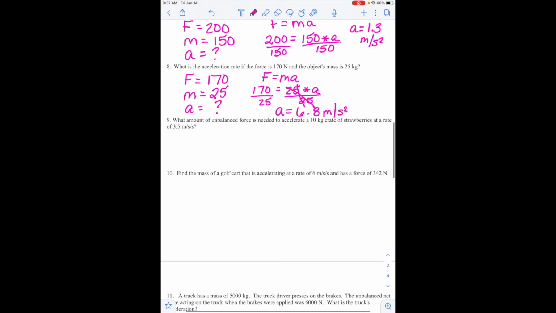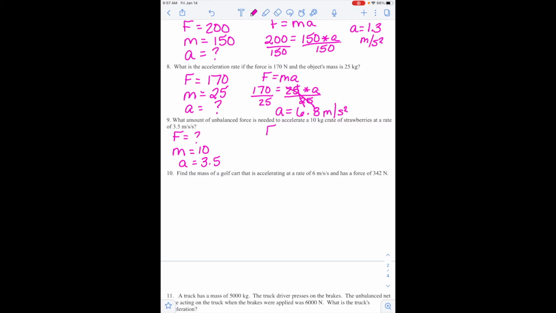Number 9. What is the amount of unbalanced force needed to accelerate a 10 kilogram crate of strawberries at a rate of 3.5 meters per second squared? So our force is what we are looking for this time. Our mass is 10 kilograms, and our acceleration is 3.5 meters per second squared.